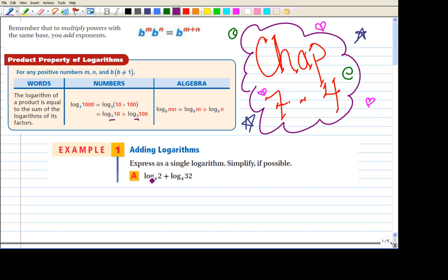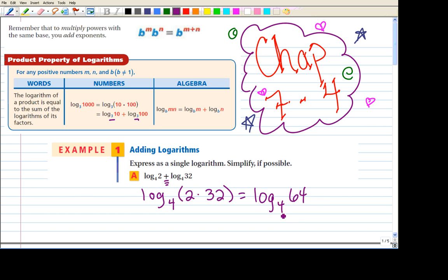So looking at example 1 here, express as a single logarithm, simplify if possible. So I've got log base 4 of 2 plus log base 4 of 32. I'm going to combine this into a single expression. Log base 4 of, because I have addition here, I can multiply these two things together. 2 times 32, well, it turns out that is equal to log base 4 of 64.